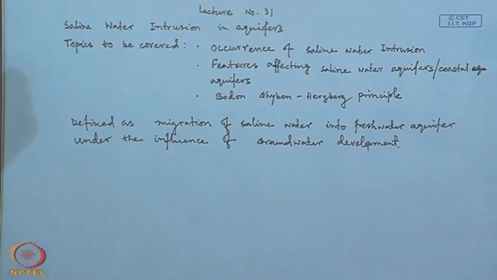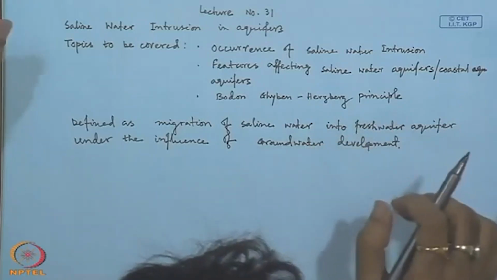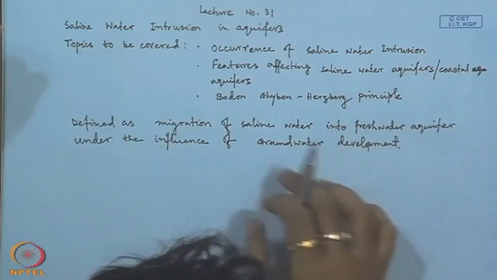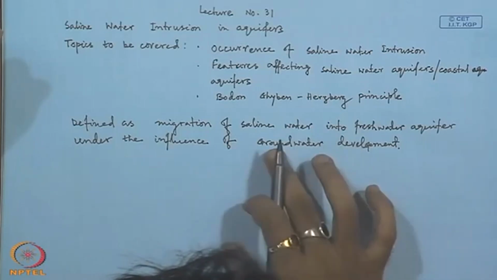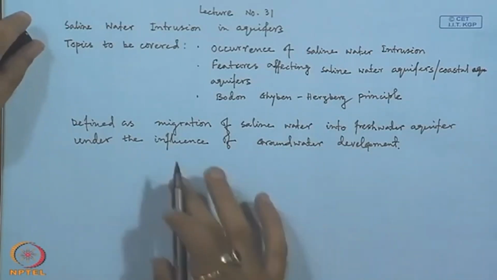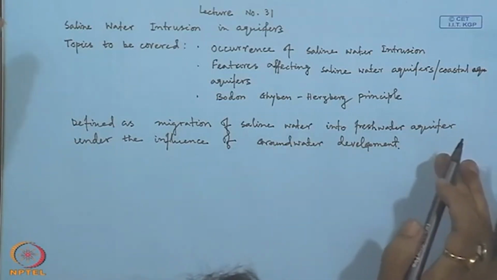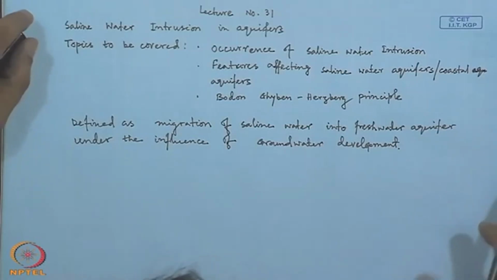So, sometimes we use this groundwater word as a single word, however, in this particular course we are using separate words, ground water. So, what is the influence of saline water in freshwater aquifers?